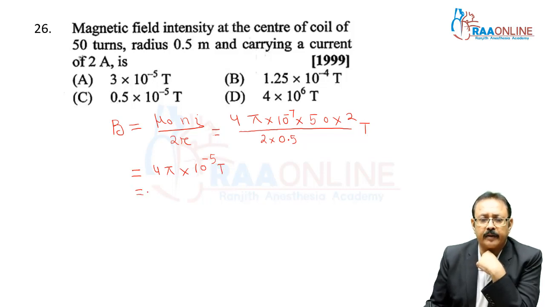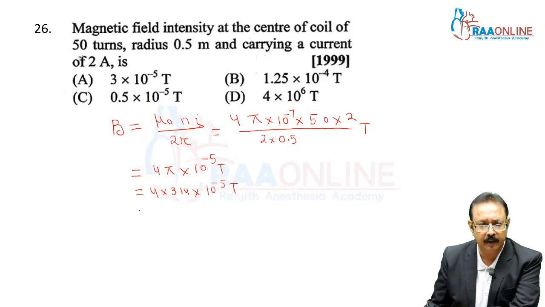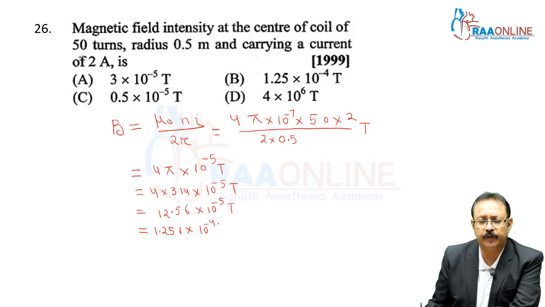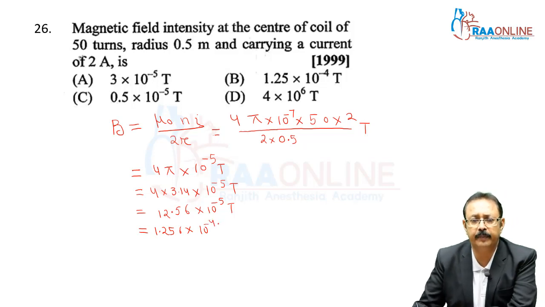What is 4 pi? 4 into 3.14 into 10 to the power minus 5 Tesla. Write it 1.256 into 10 to the power minus 4 Tesla. So we will go with B option.